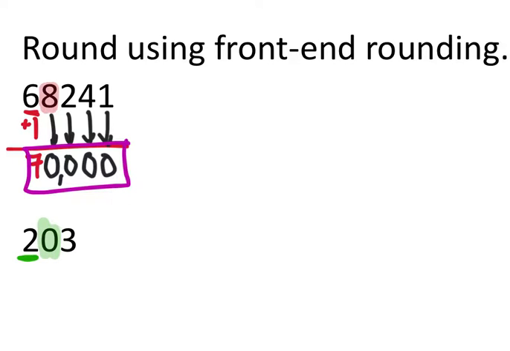Well, that 0 is less than 5, which means that our target place value, the front end, the 2 in the hundreds place value, is going to stay a 2. And then all the other digits to its right become zeros, or stay zeros in this case. So 203 rounds to 200 as its nearest front-end rounding place value.